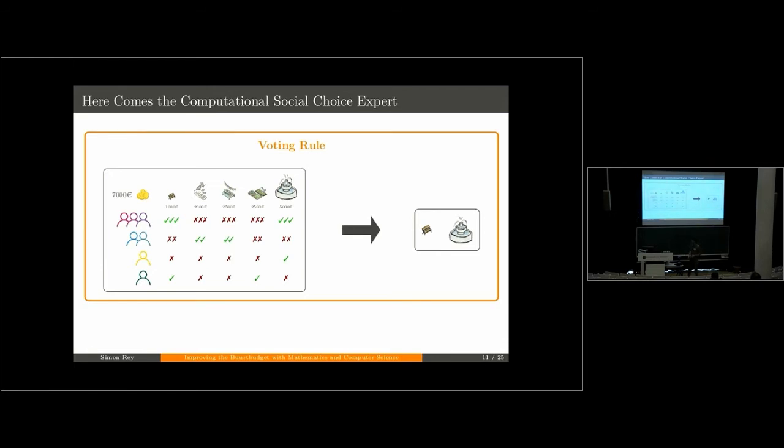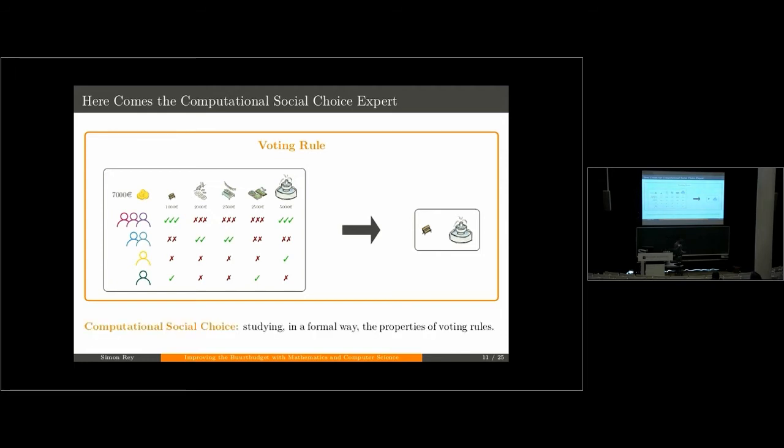So we study what we call voting rules, which takes an instance of an election. So like here, we've got the project, the budget, what the votes are, and it's a function that takes all of that, and that tells me then the winner should be this. Okay, so that's the kind of mathematical objects we study.